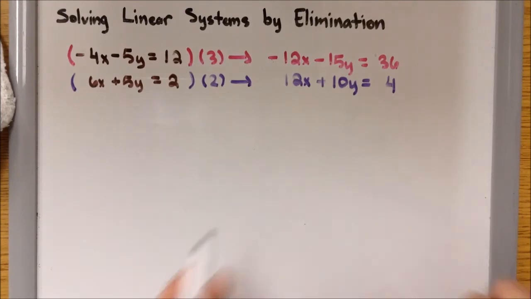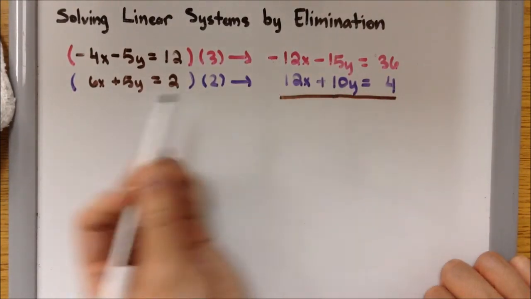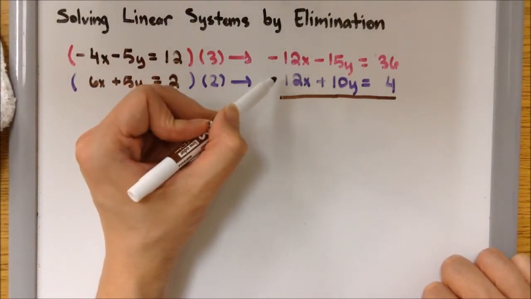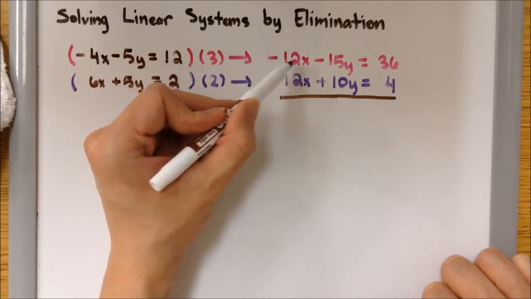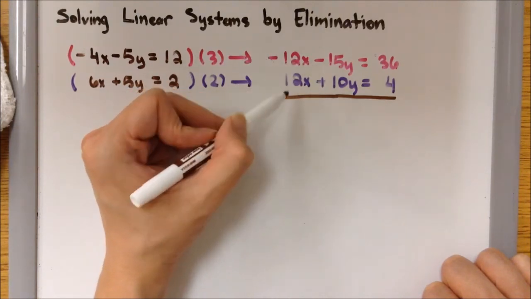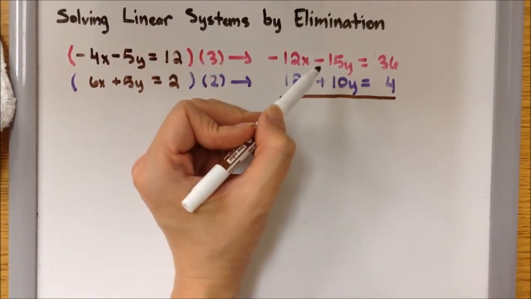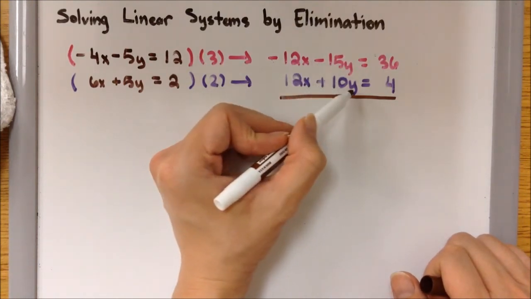Now I'm going to combine the new two equations together. Looking at it vertically, negative 12x combined with a positive 12x will cancel out. Moving on to the y's, negative 15y plus 10y.